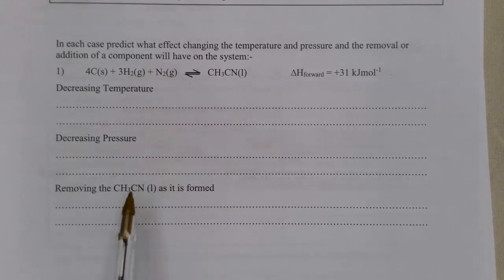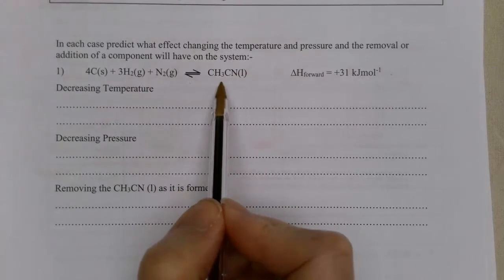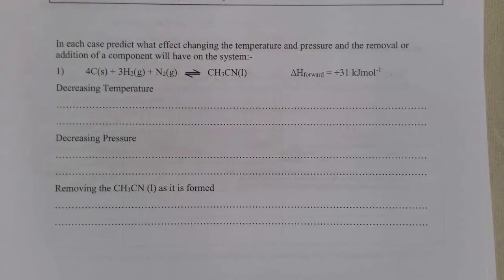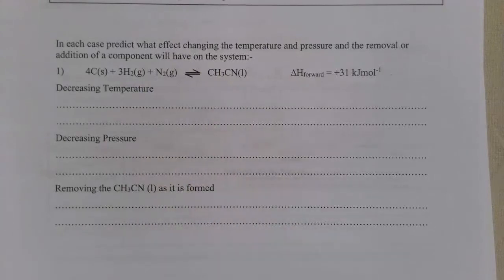Last but not least, if we remove this compound CH3CN from the mixture, that's going to have the effect of reducing this concentration. If we reduce this concentration, the system again will try to counteract that change. This time it will shift forwards to try and replace the CH3CN.